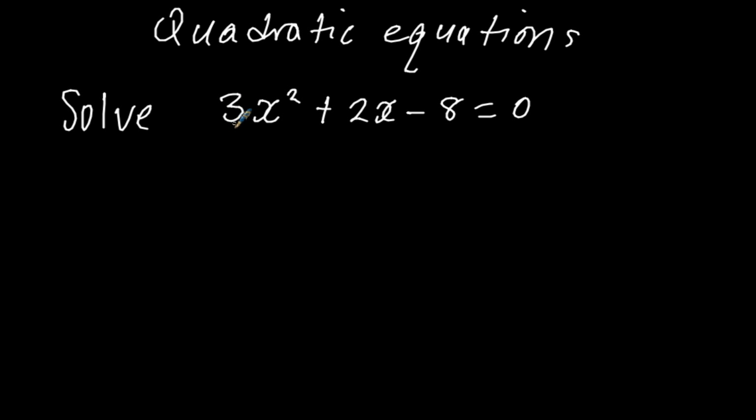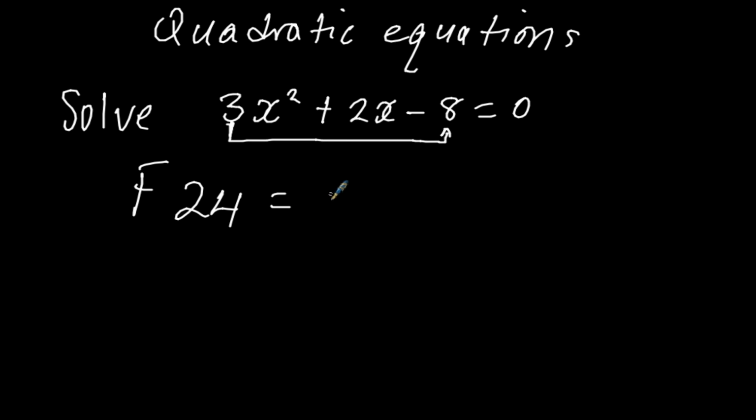We have to first multiply this with that to get the factors. So 3 times 8, we get 24. So you have to look for factors of 24.